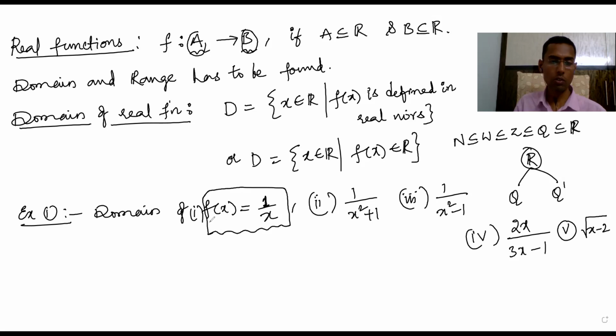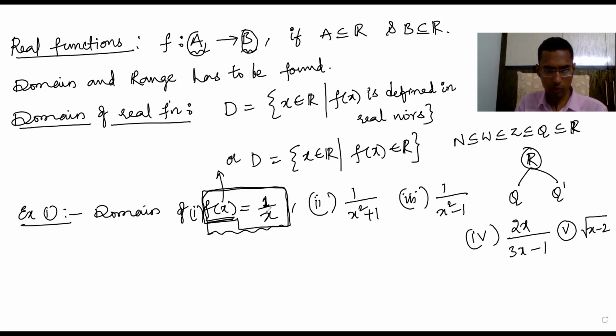Whenever we write f of x, we should understand f of x means we write images. I was explaining that the other day. Here, x represents an element from the domain. F of x means its image. So if we write f of x, that means everything is there, 1 by x is written.